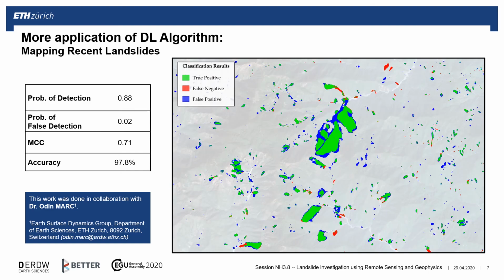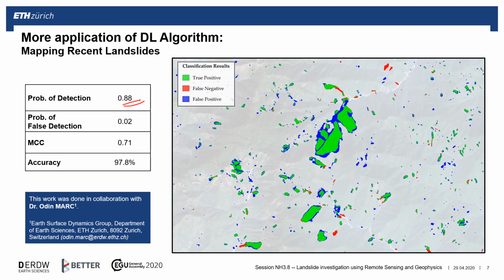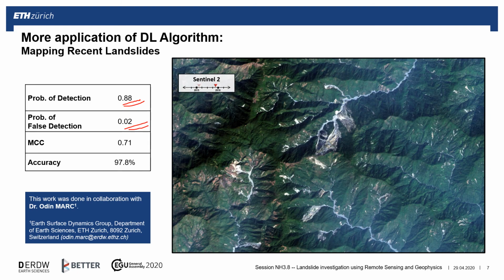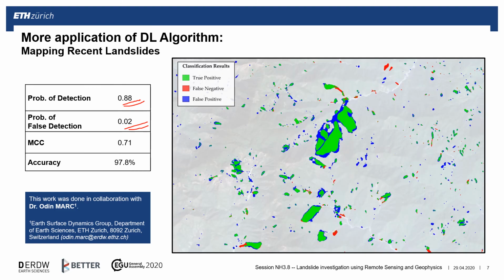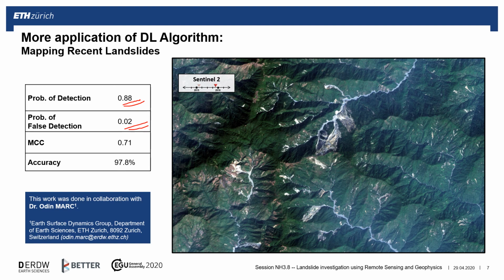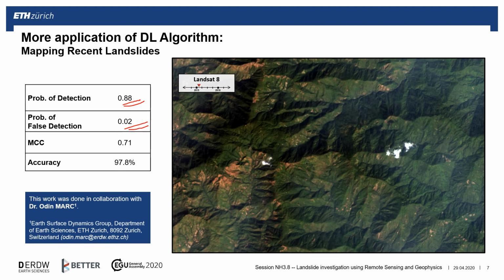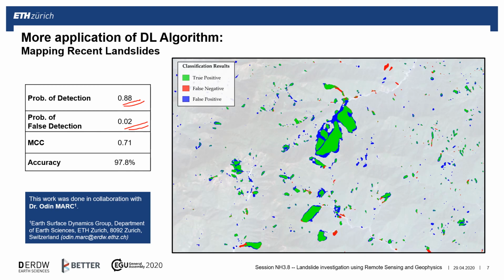We were able to achieve a probability of detection of 88% with a probability of false detection of only 2%. It is incredible to see a deep learning method which has worked well for mapping landslides from digital terrain models also work quite well for mapping landslides from optical datasets.